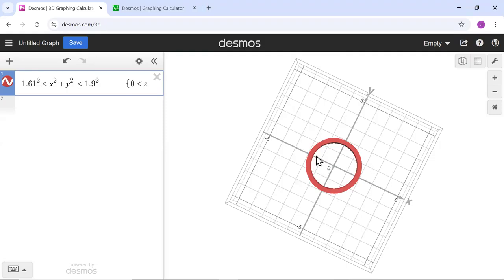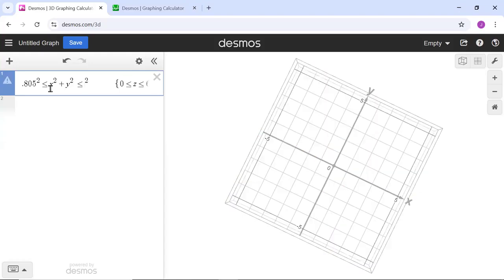Schedule 40 has an inside diameter of 1.61. That's the distance all the way across. I miswrote this. That means the radius should be half of that, so 0.805.